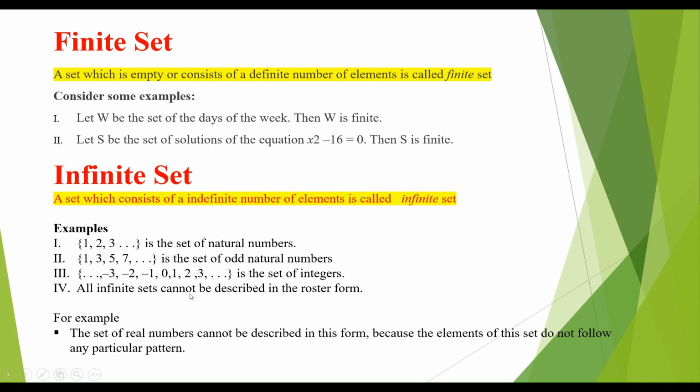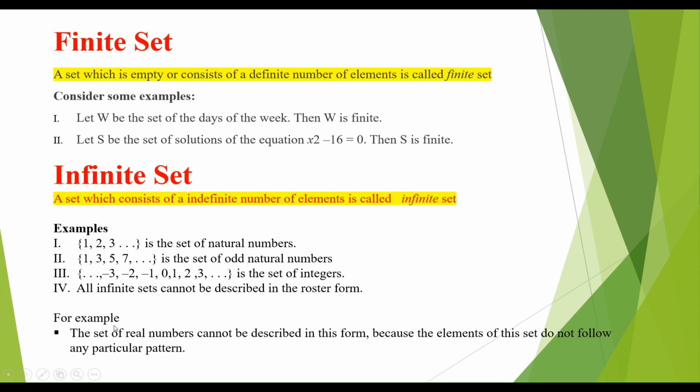The next important point is that not all infinite sets can be described in roster form. We have described the earlier examples, the set of natural numbers and the set of odd numbers, in roster form. But some infinite sets cannot be described in roster form.